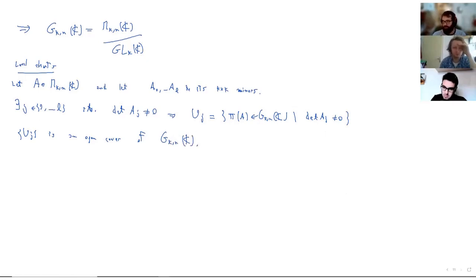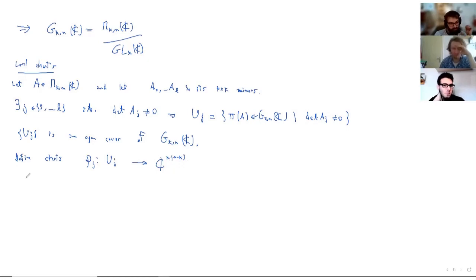And now we need to define charts. So define charts phi J from UJ, and this also will be surjective. So this is going to C^(k times n minus k).